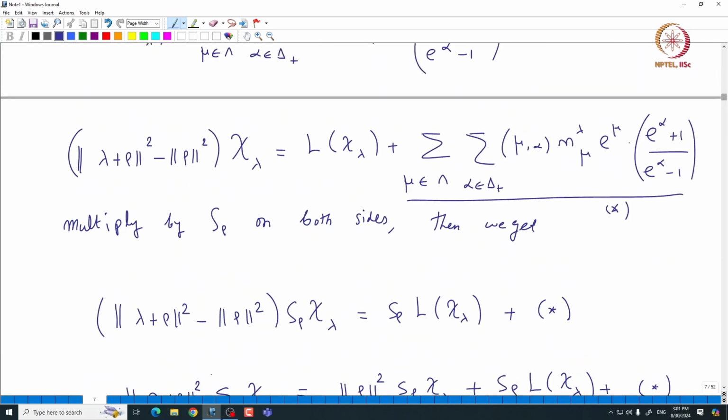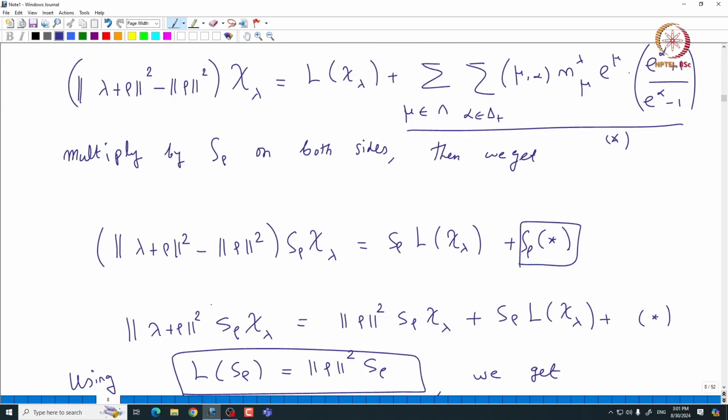So, we are going to multiply S rho with this star. This is what we get here.